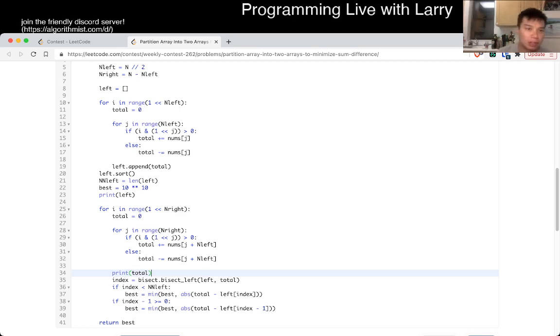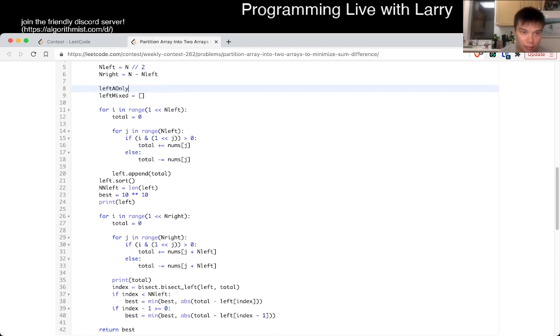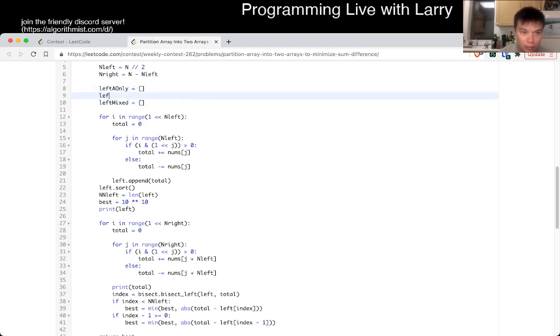I guess really it's just an if statement then. Okay, let's see. Maybe there's a more clever way of doing this, but I am not doing it, so it is what it is. Okay.